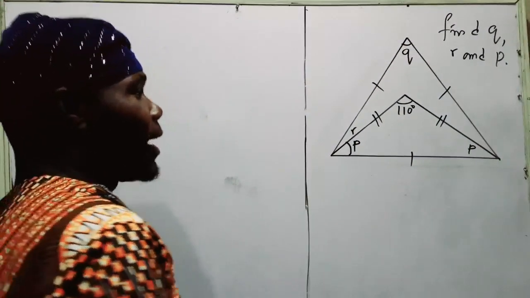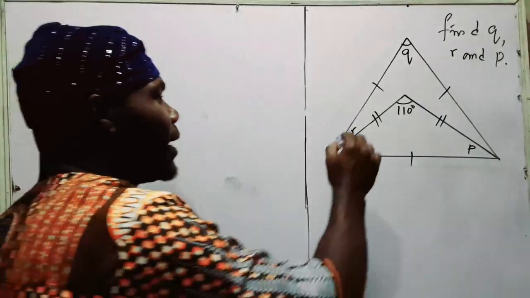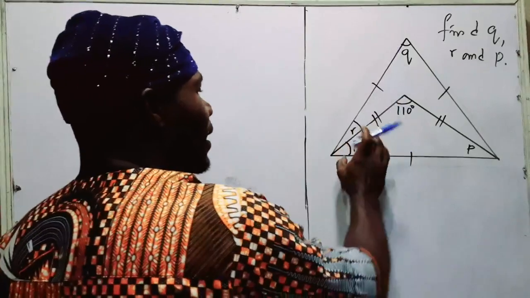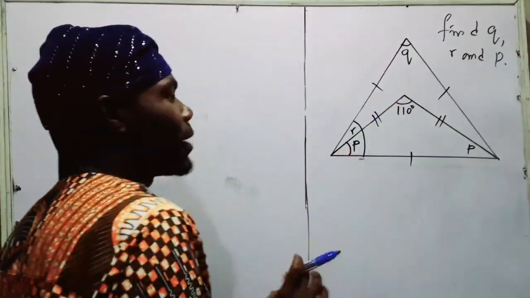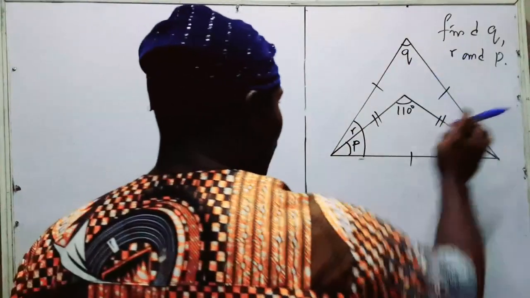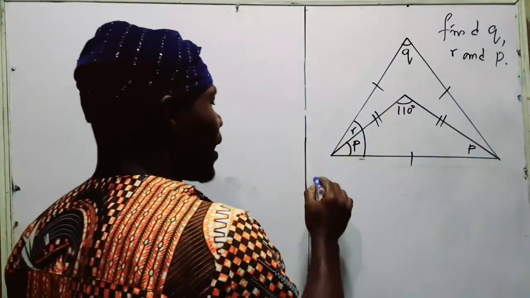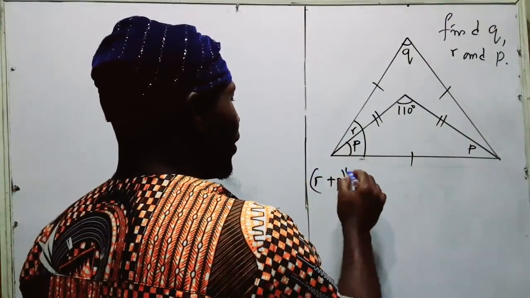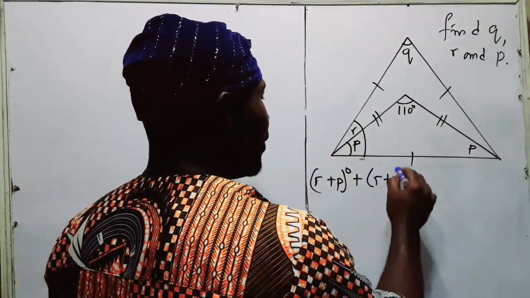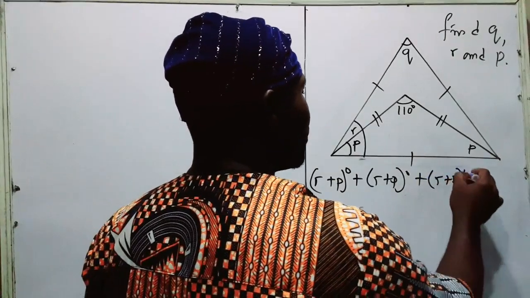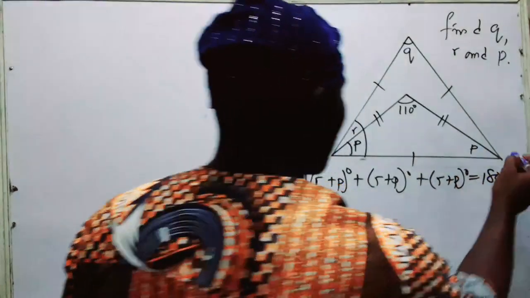So the total here is R plus P, R plus P, R plus P. So R plus P, plus R plus P, plus R plus P is equal to 180 degrees.